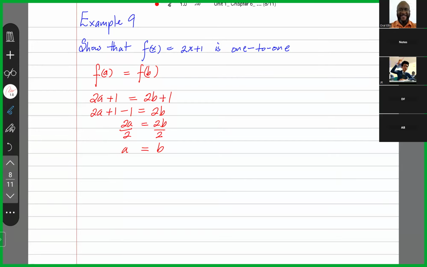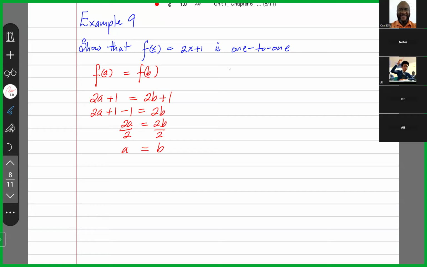So if you can show that if f of a is equal to f of b, then a is equal to b, then the function is one-to-one or injective.